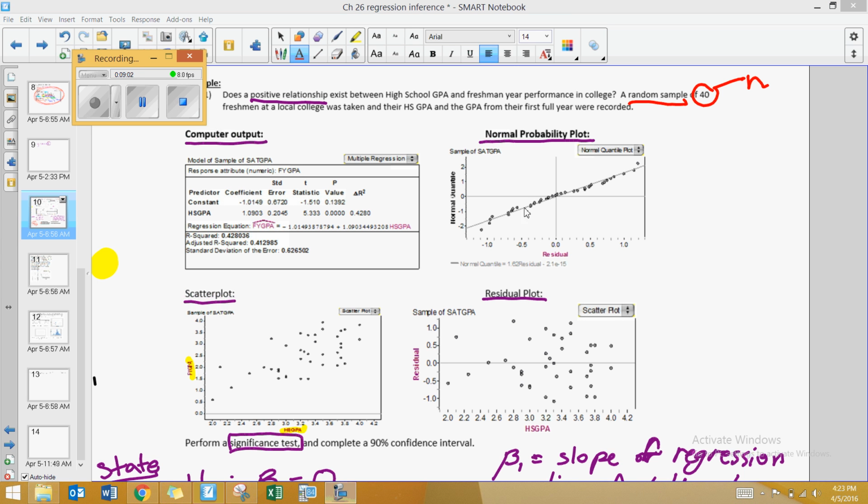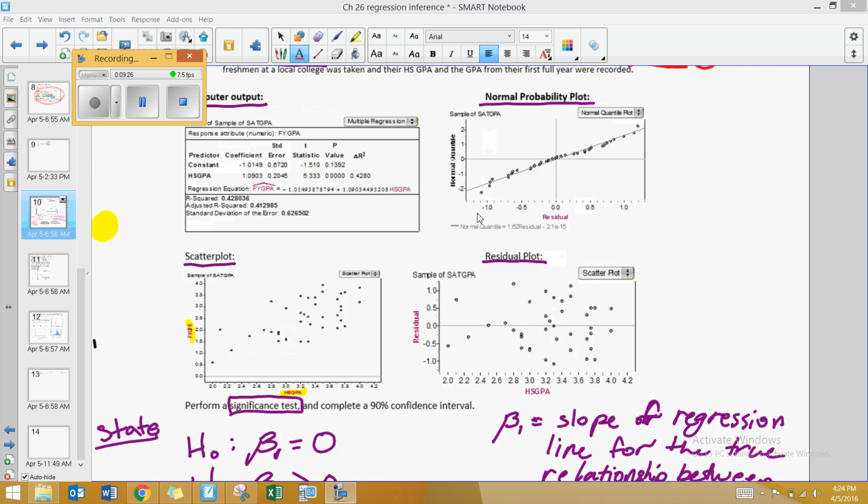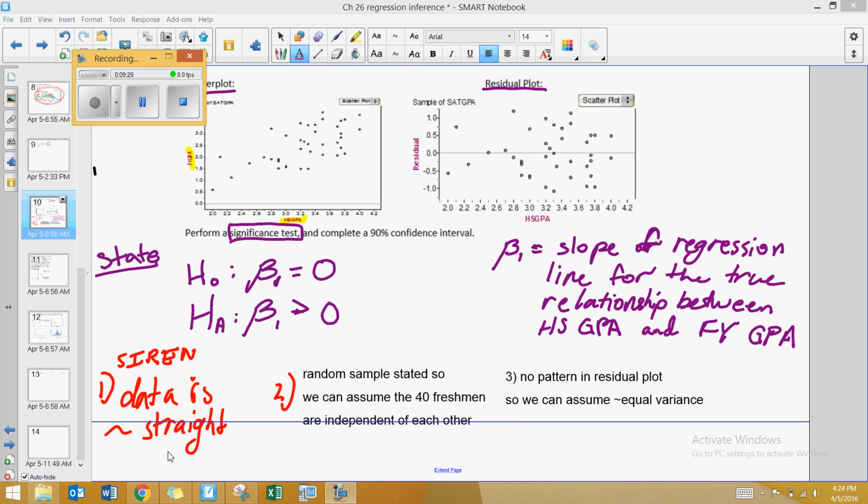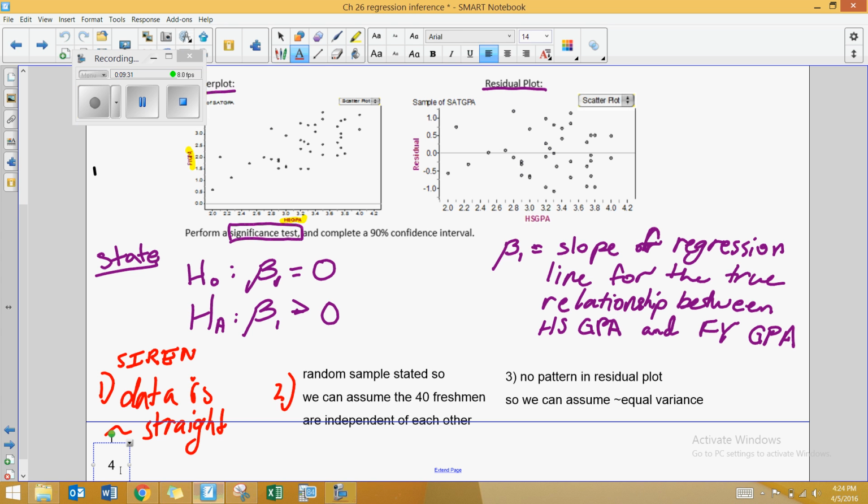Some that get a little bit closer, so they've got slightly smaller residuals, and then we've got some that are right around where they're supposed to be, right there through the line. That would be a residual of 0. And then we've got some that are a little bit above the line. Okay, so again, normal probability plot, all we're looking for is approximately linear. So that's what we'll do for condition 4.